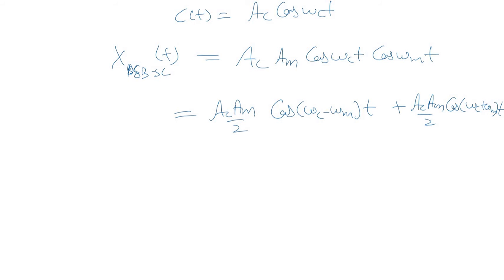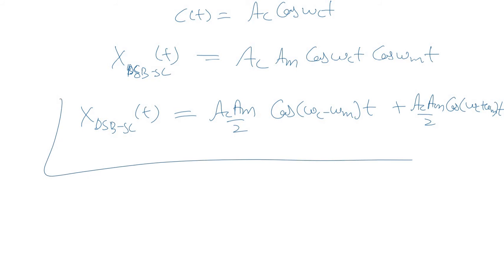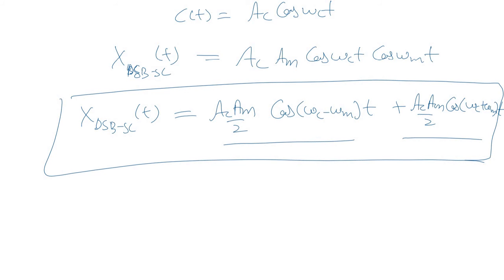So this is your corresponding expression in time domain for DSB-SC type of signal, and again you can see it consists of only two components. I'm focusing on this concept again and again because that is the major differentiating factor. It consists of only two components, that is the lower sideband and the upper sideband, right?